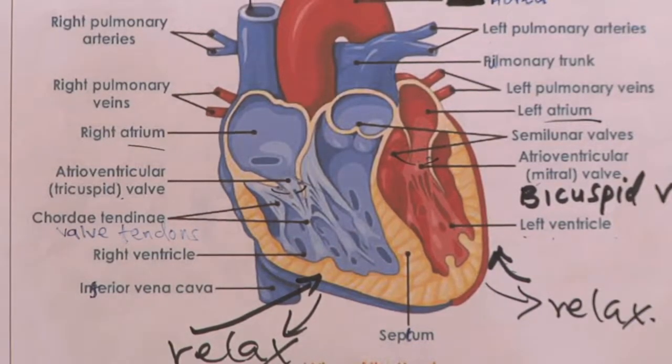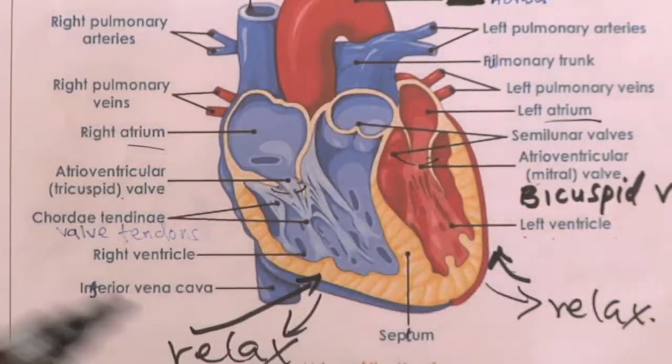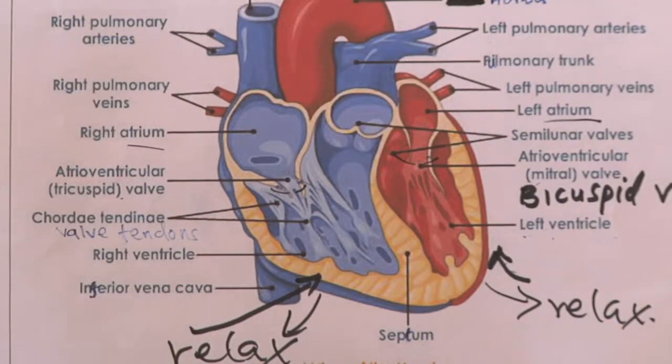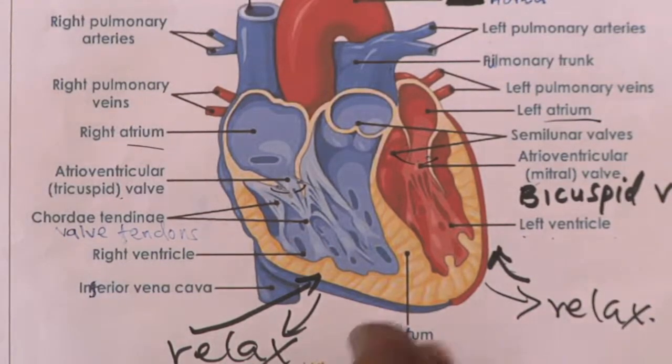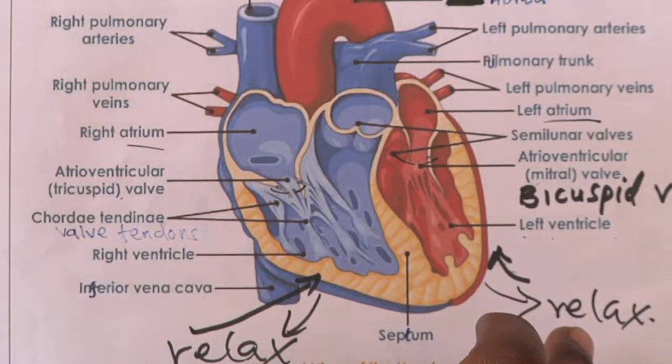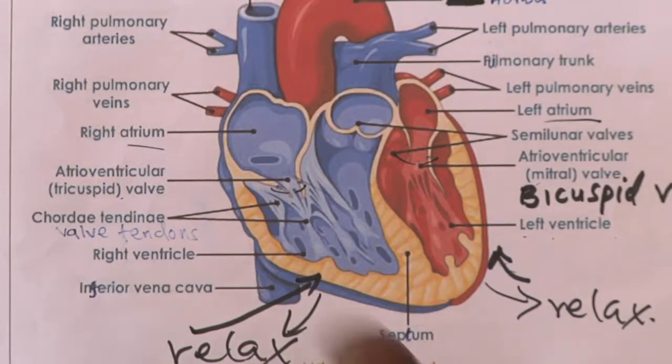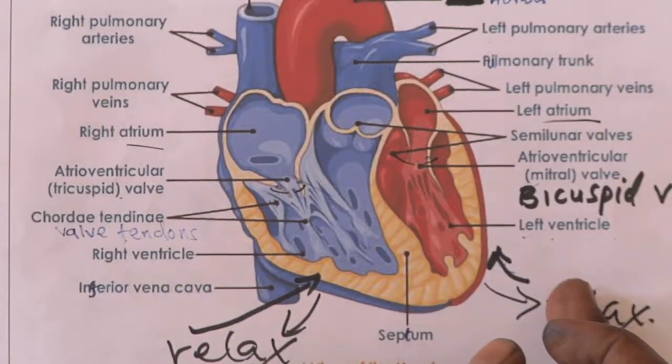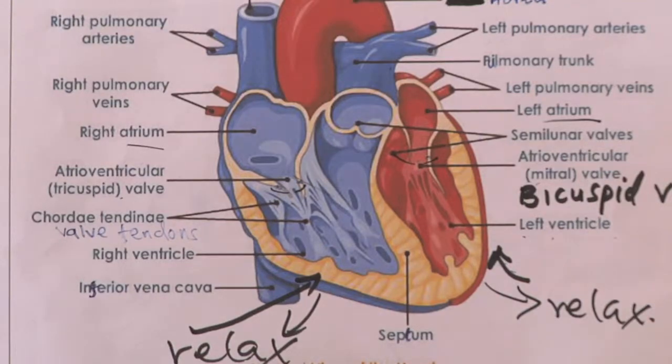And these semilunar valves give the aorta and the pulmonary artery a very special feature. One of the major differences between veins and arteries is that veins have valves that prevent backward flow of blood. Arteries lack valves.